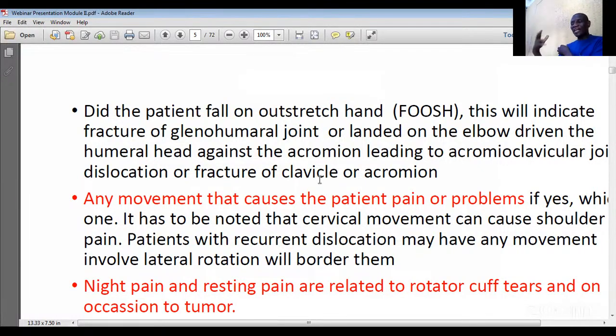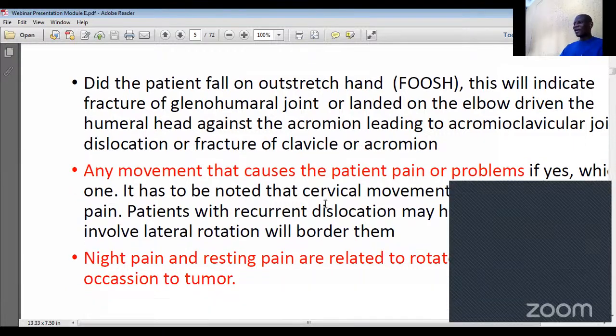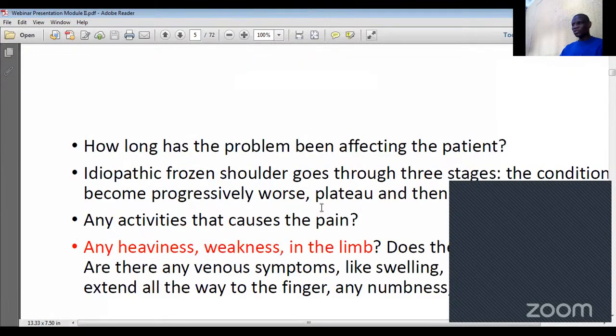Patient will be fearing that movement. Patient will not want to do it. So you know that possibly this patient has had this one before, then one is careful with it. Night pain and resting pain are related to the rotator cuff muscle. Occasionally, it may be a tumor, at least of the joint.